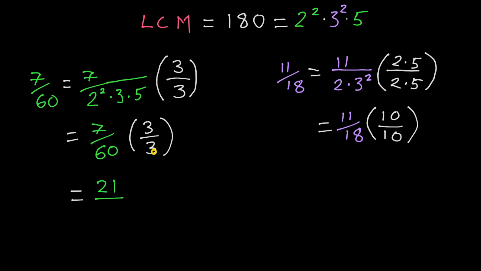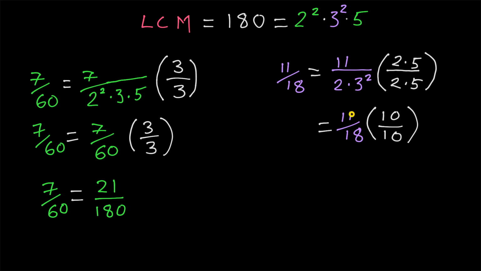So 60 times 3, 3 times 6 is 18, plus add a 0, 180. Right? Our lowest common multiple, which in this case is going to be our lowest common denominator. And this is, of course, equal to 7 over 60.